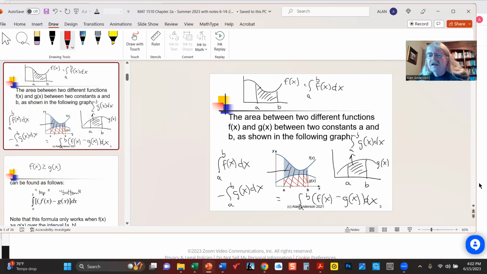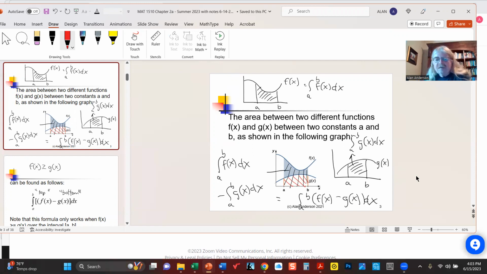And if we wanted to look at its area between g of x and the horizontal axis over the interval a to b, again, we would use the fundamental theorem of calculus, and we discover that we have the integral from a to b. So the clever strategy here is to say, well, why not calculate both of these and then subtract one from the other?